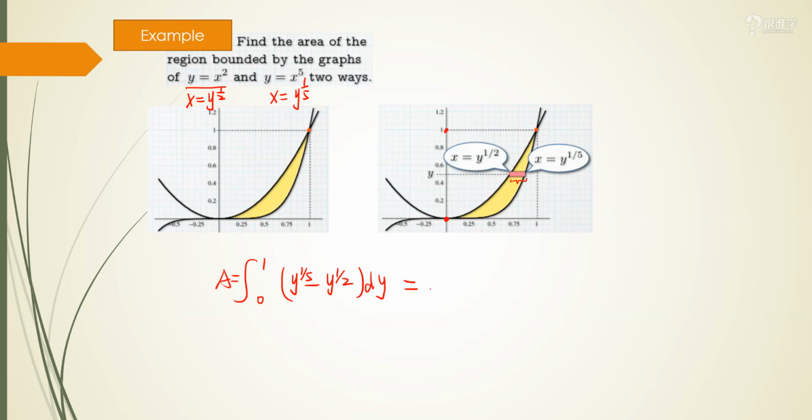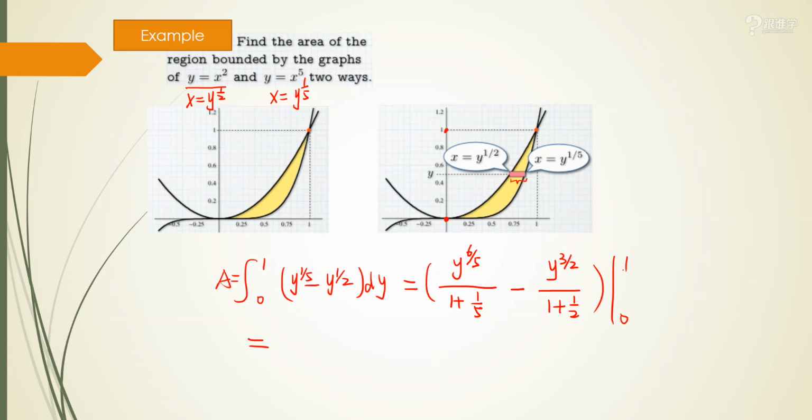The antiderivative of y to the 1/5 is y to the 6/5 divided by 1 plus 1/5. And the antiderivative of the square root of y is y to the 3/2 divided by 1 plus 1/2. That is going to be evaluated between 0 and 1.